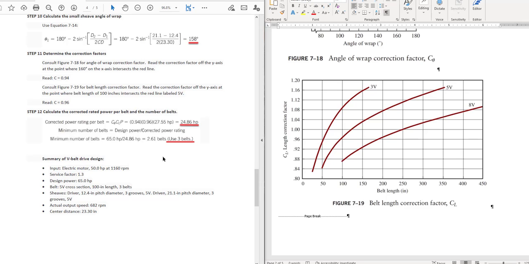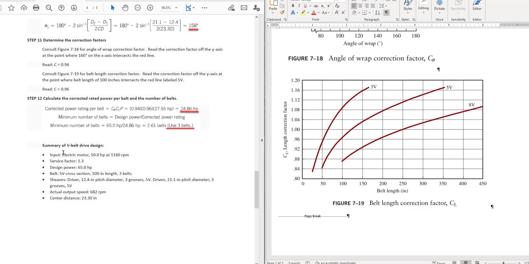Now we can summarize this V-belt drive design. First of all, we have an electric motor coming in at 50 horsepower and 1160 RPMs. We have a service factor of 1.3. Our design power is 65 horsepower. The belt we chose is a 5V cross section and 100 inches in length, and 3 belts are going to be needed. The sheaves we're going to be using are, first of all, the driver, a 12.4 inch pitch diameter with 3 grooves for a 5V belt.